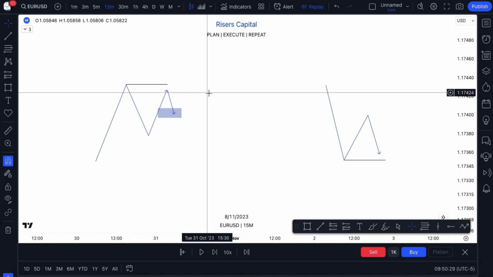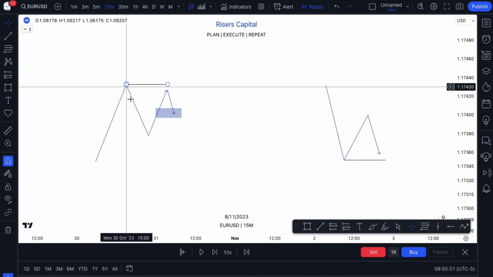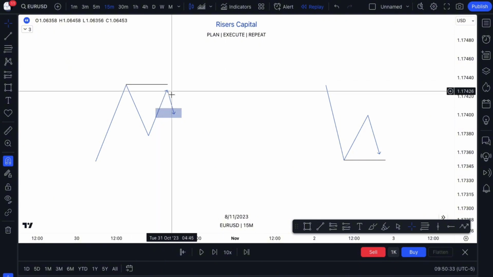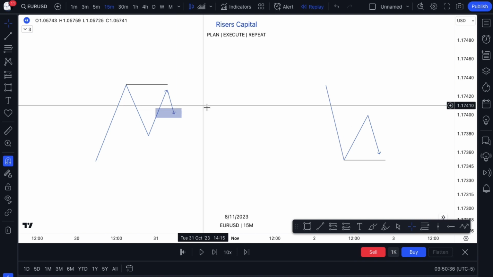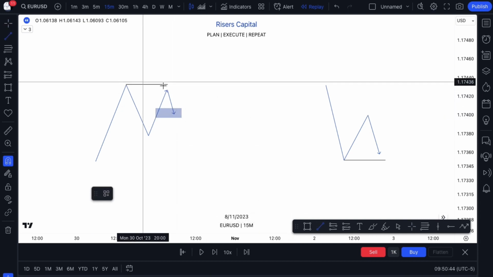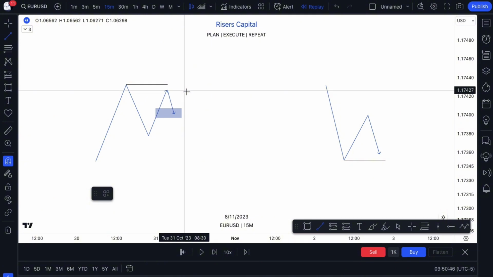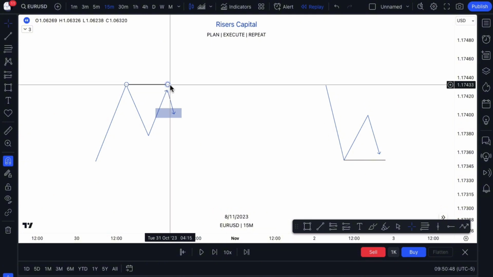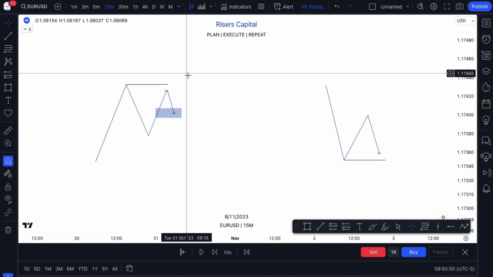Now you may be thinking, well, if you're expecting for this high to go, why are you expecting for price to return? You're not expecting for price to return. I'm saying when it forms like this, if it does reverse, you can then be a buyer. Why? Because these highs are now relatively equal highs, and price a lot of the time will take it.